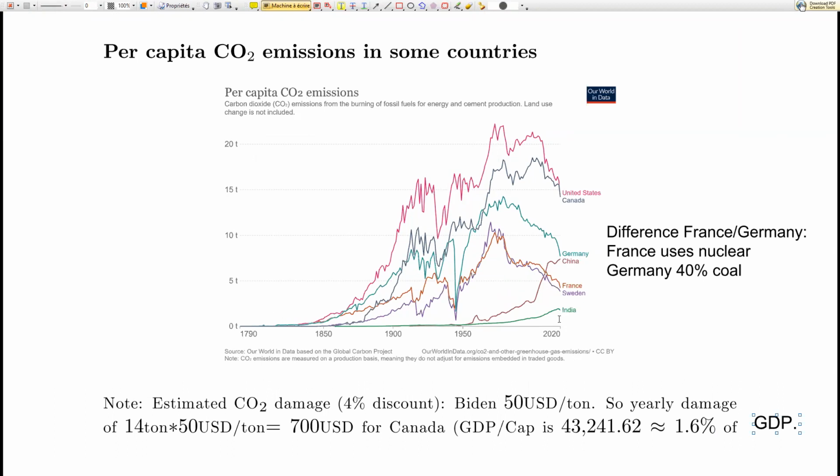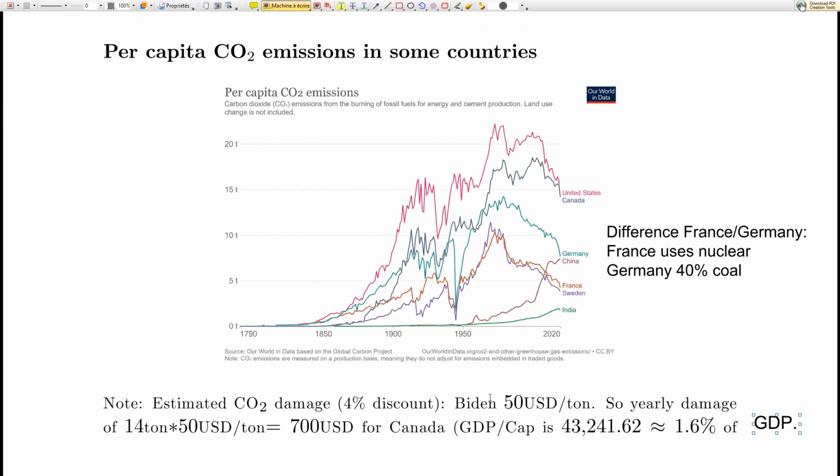So if you just talk to somebody in the street, if somebody really cares about the environment, they're going to say it's horrible. If people don't care, they're going to say, why should we worry about this? So at some point, we need to put some value on how bad it is to emit that much CO2 emissions. So recently, the Biden administration estimated, first of all, you need to estimate how much damage is caused by a ton of CO2 emissions.